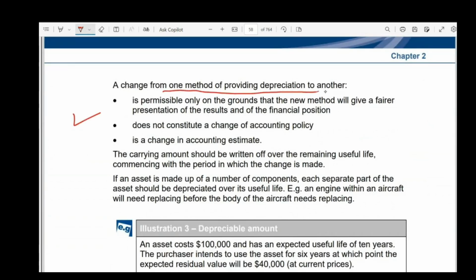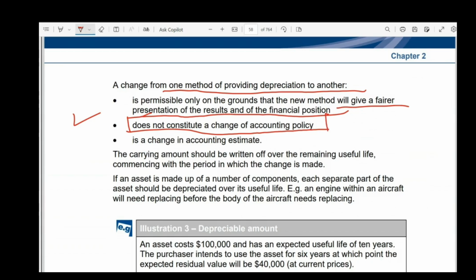If any change is happening in the depreciation method, this is permissible only on the ground that a new method will give a fair representation of the asset in the financial position. It does not constitute a change of accounting policy. This is also important; many small or objective questions are asked on this, they test you.